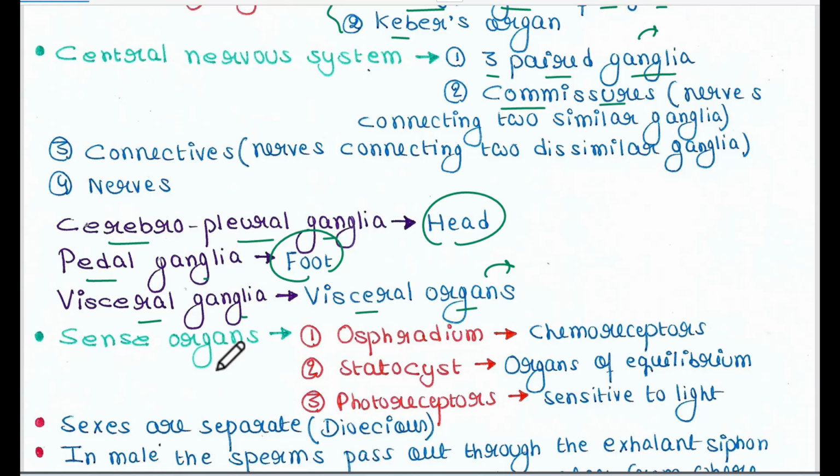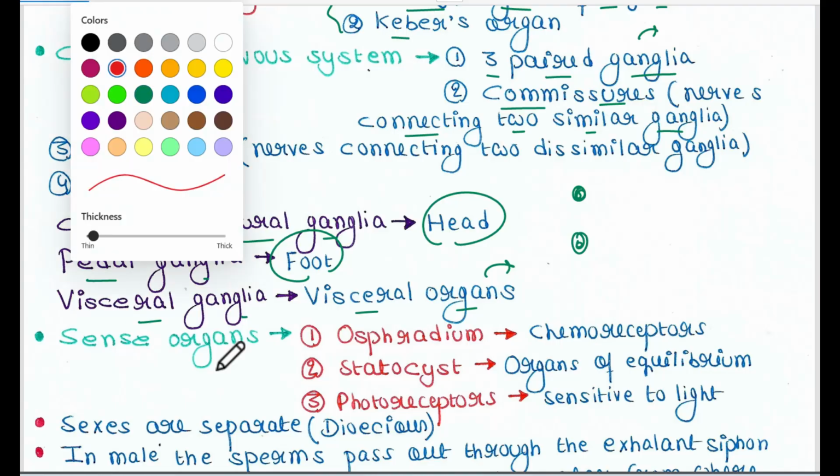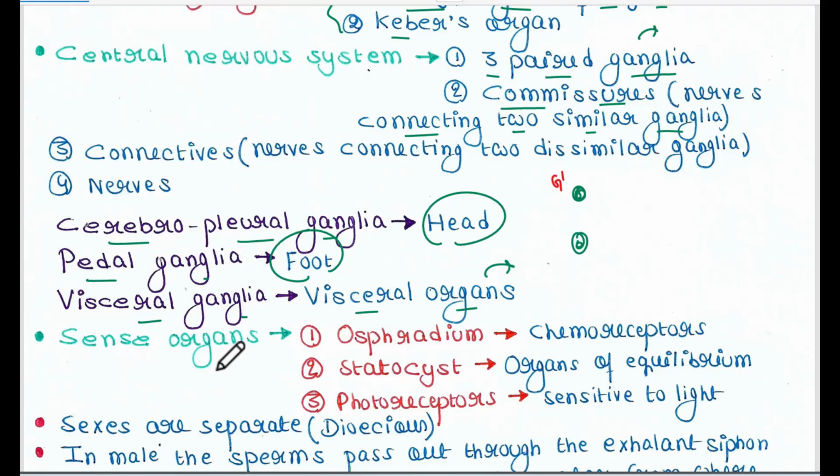Now the central nervous system also has commissures. Commissures are nerves connecting two similar ganglia. Suppose this is one ganglia, this is the other ganglia. Here are the nerves connecting the similar ganglia, that is known as commissure. And they also have connectives. Connectives are basically nerves connecting two dissimilar ganglia.